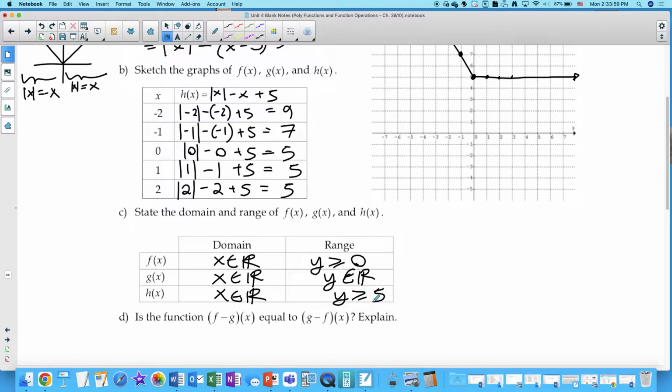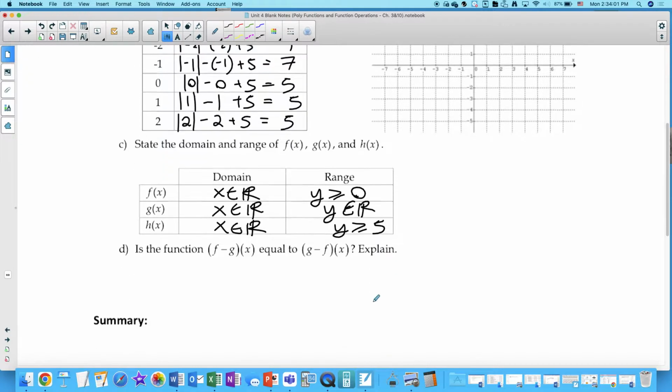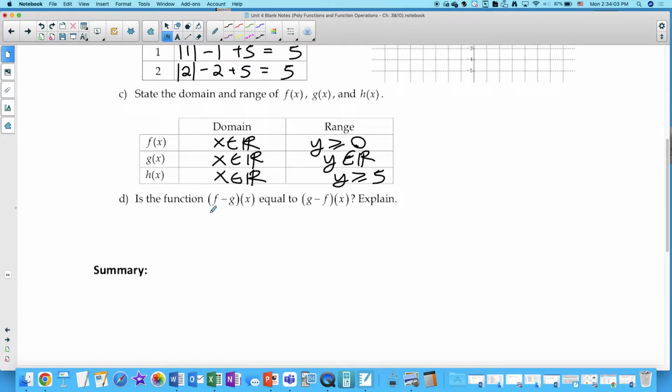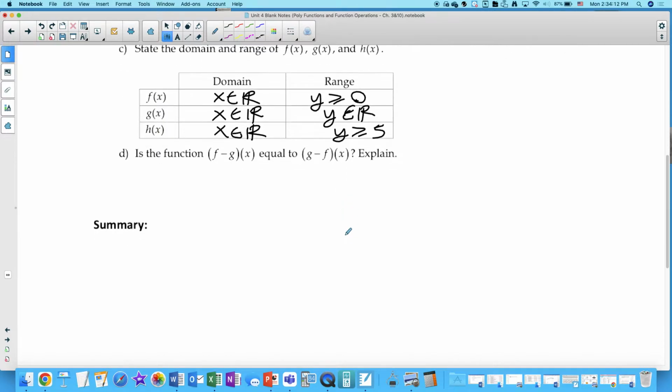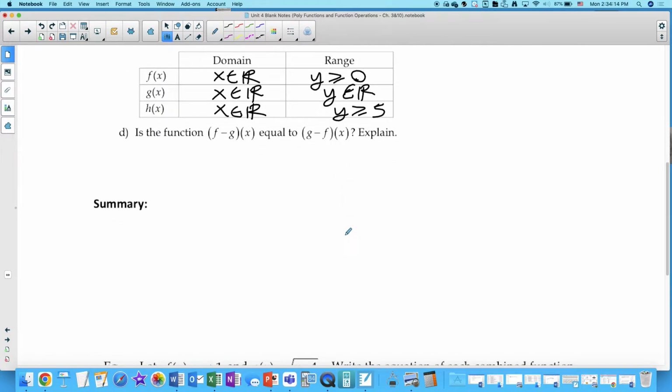Okay, so is the function f minus g of x equal to g minus f of x? No. Okay, and actually if you look at this function, this guy is the absolute value of x minus x plus 5. This one would be x minus 5 minus the absolute value of x.